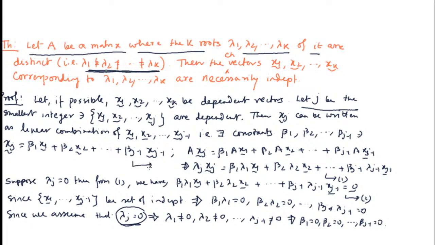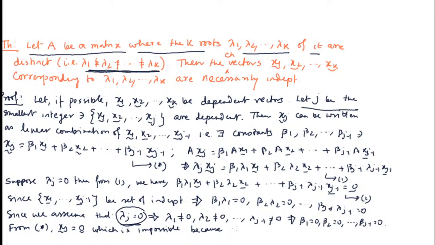So from star, xj curl equal to 0, which is impossible. Why is this impossible?